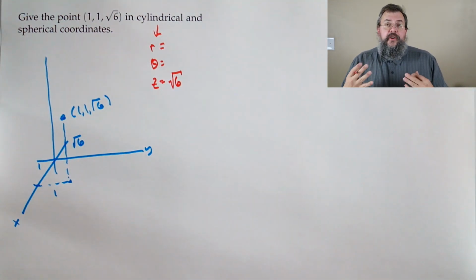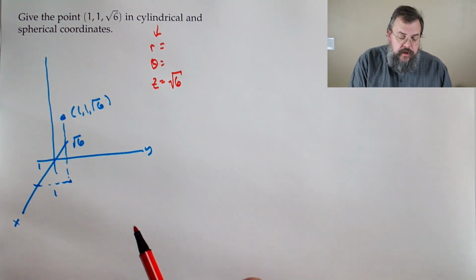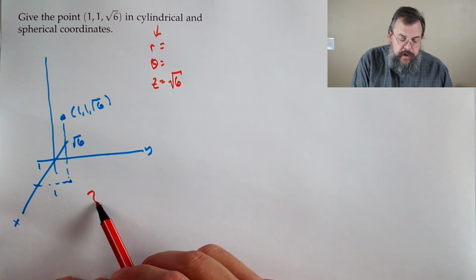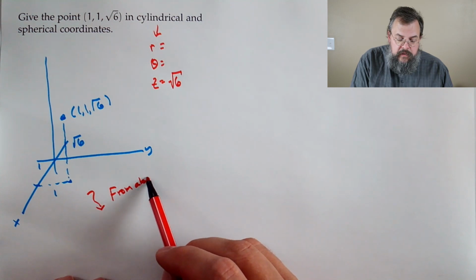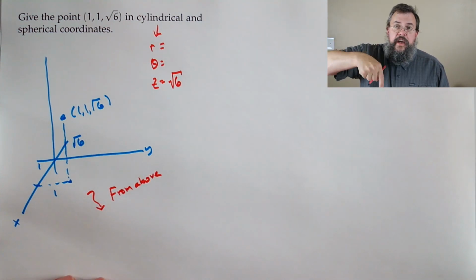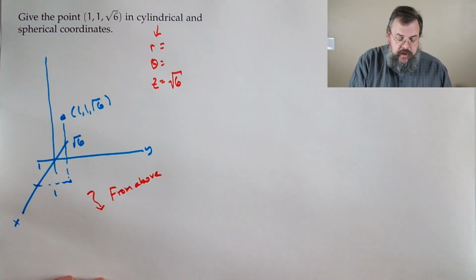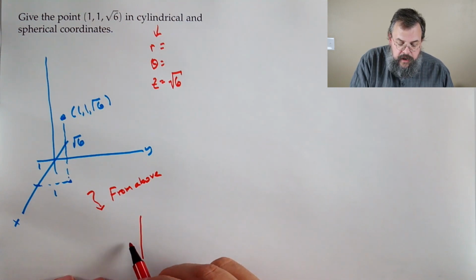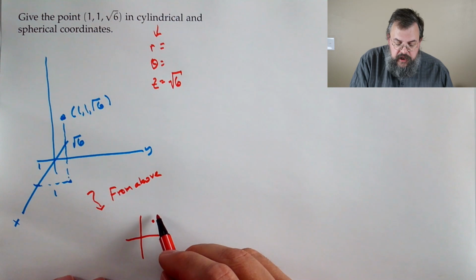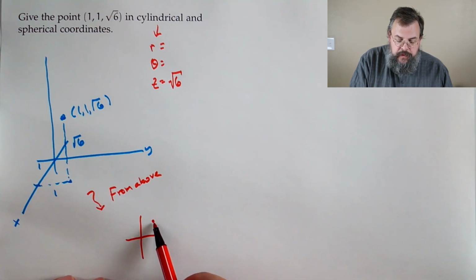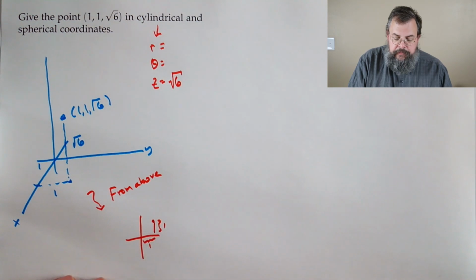Now, as far as r and theta are concerned, that's looking back in polar. So what we can do is we can say, well, hey, let's look from above. And when we look from above, we're essentially looking straight down the z-axis, and we see the xy plane, and our point would be here, where we've moved 1 over and 1 up.